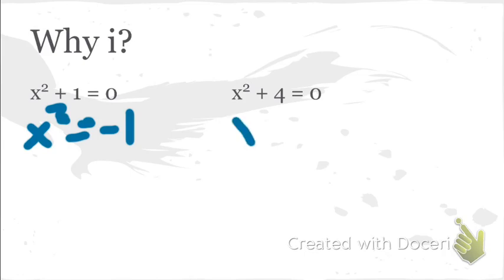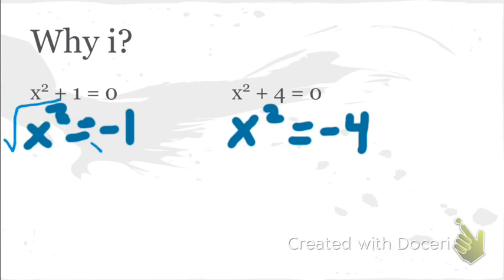And on the other equation, if we subtract 4 on both sides, we get x squared equals negative 4. Now, both of these situations are completely different, yet both of them do not have real numbers that would satisfy that. There's no real number you could square and get negative 1. There's no real number you can square and get negative 4.